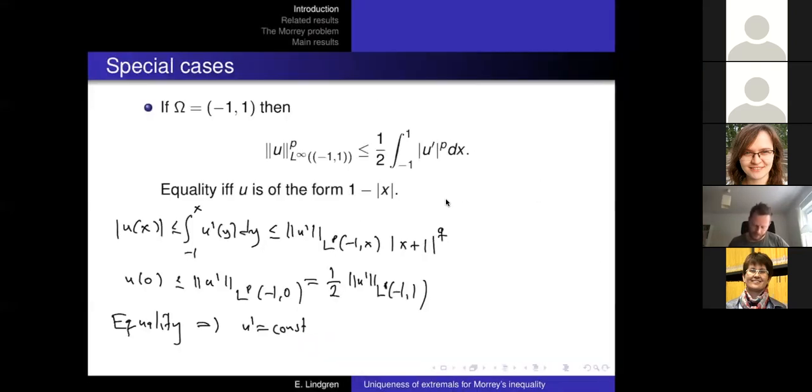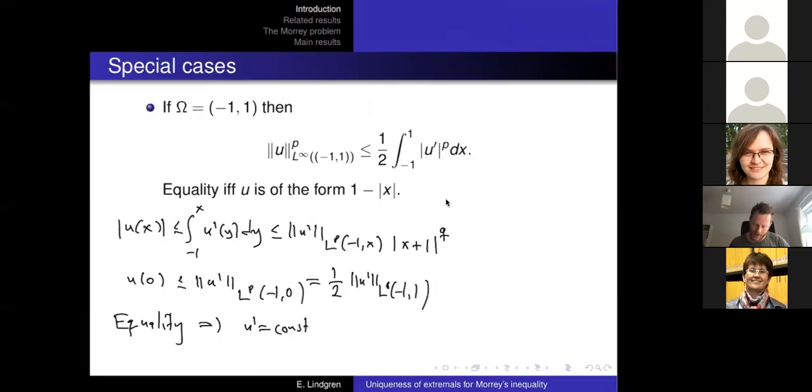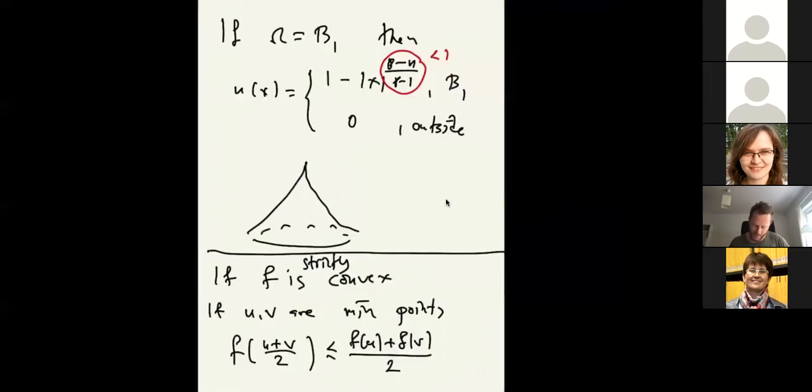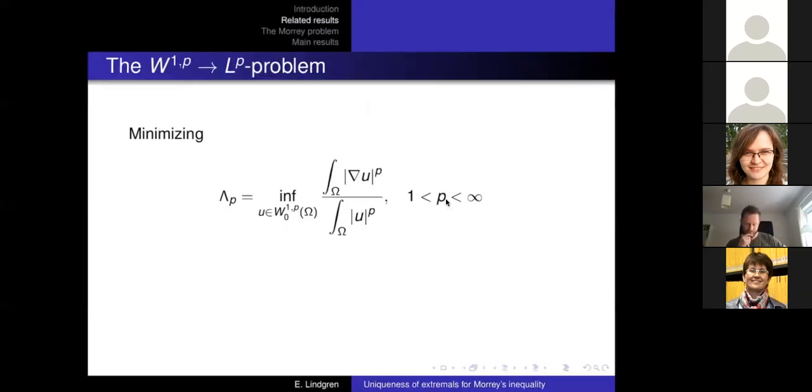Okay, so let's go back to this problem when we have finite exponent. So let's instead, to start, look at this problem. It's actually the Poincare inequality in W^{1,p} with zero boundary data.